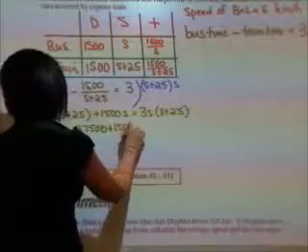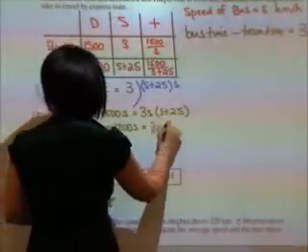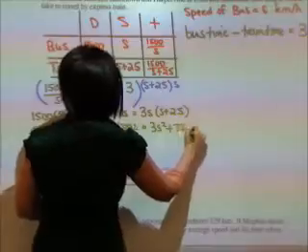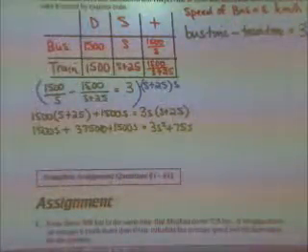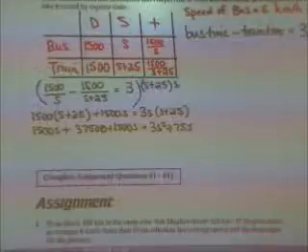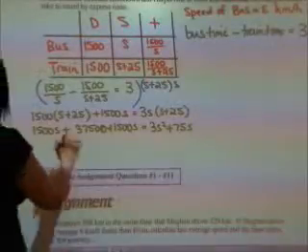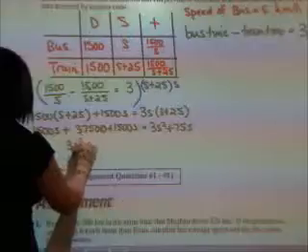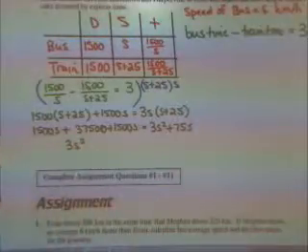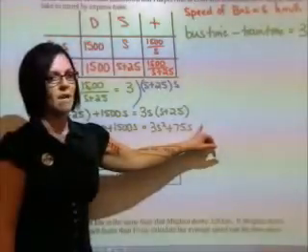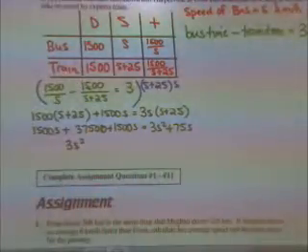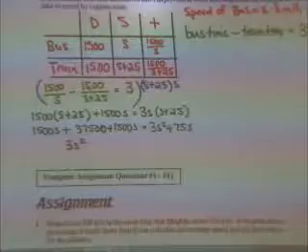Plus 1,500S equals 3S squared plus 75S. So I'm going to end up with a quadratic because I have this S squared and I can't cancel it out. So my next step would be to move everything over to the other side.